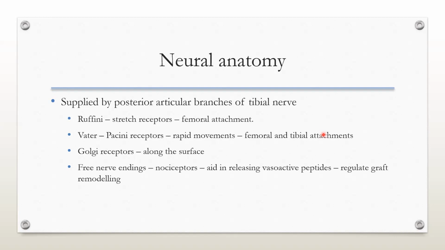The Golgi receptors are spread throughout the entire length of the ligament. In addition to these stretch receptors, there are free nerve endings, which are primarily the pain receptors within the ACL. In addition to being pain receptors, they also aid in releasing vasoactive peptides, which are thought to regulate long-term graft remodeling.